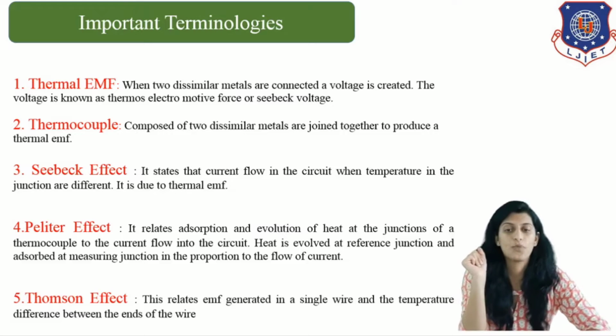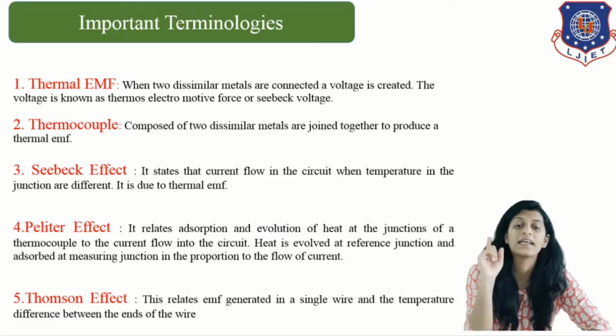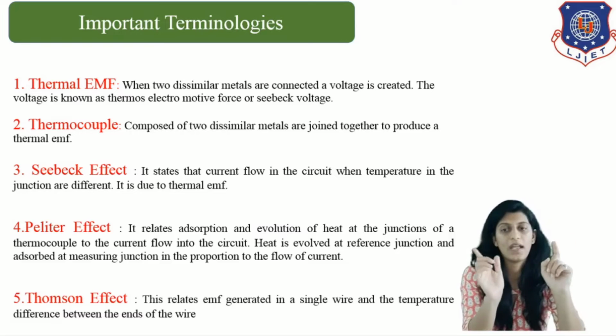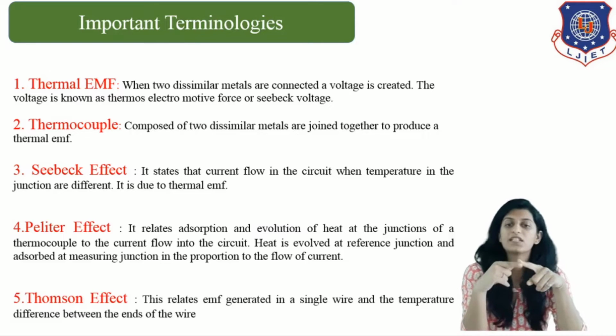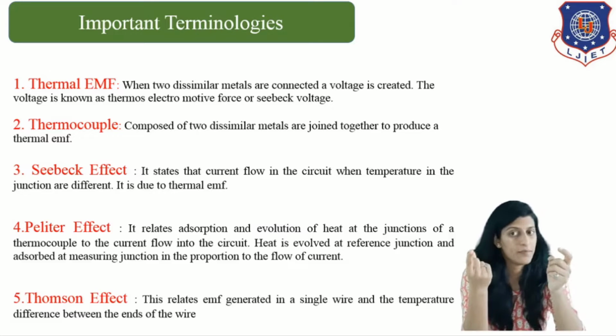And last is the Thomson effect. The Thomson effect basically relates the EMF generated in a single wire to the temperature difference between both ends of the wire. So the Seebeck effect is for the current flow inside the junction and EMF.